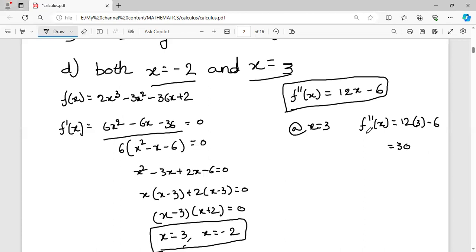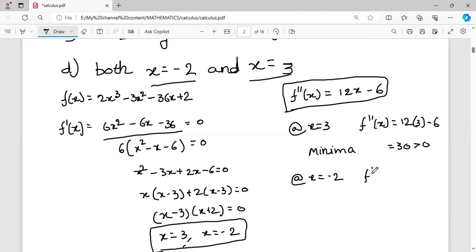Observe this f double dash of x is greater than 0. If the f double dash of x is greater than 0, then it can be taken as the minimum value. It is the minimum.